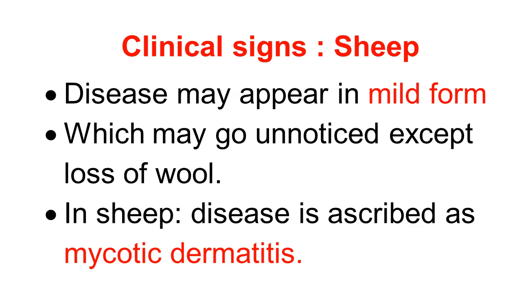Generally, in sheep, the disease may appear in a very mild form, which may go unnoticed except for loss of wool in patches here and there, and it is cured automatically.